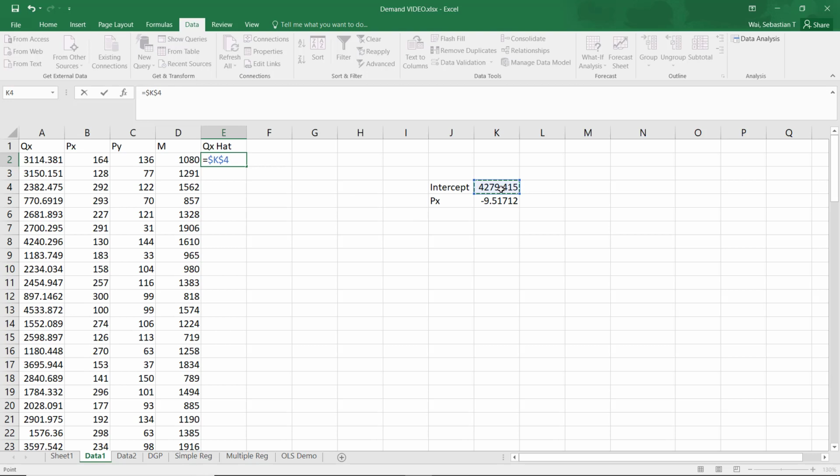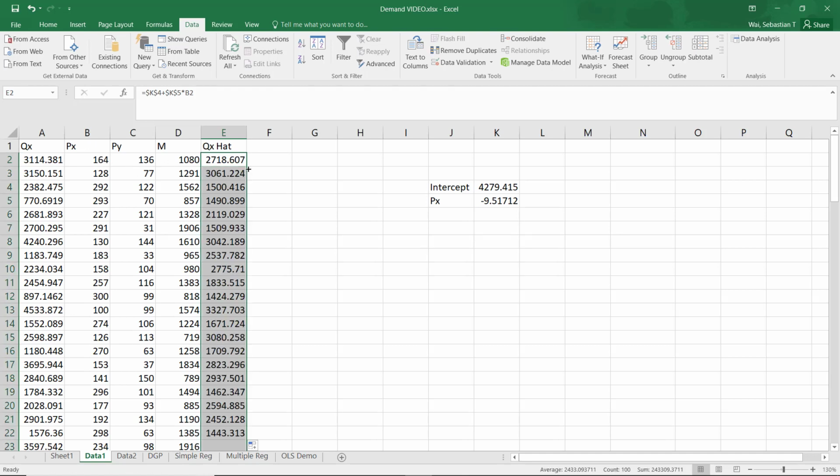And I'm going to use F4 just to make sure we get those dollar signs in there. That ensures that our formula will hold steady on that cell. Then plus our slope term. Again, I'm going to use F4 to add some dollar signs there, times the price. That's going to give us our predicted value in this first cell for the price of 164, and then I'm going to fill in that formula all the way down.